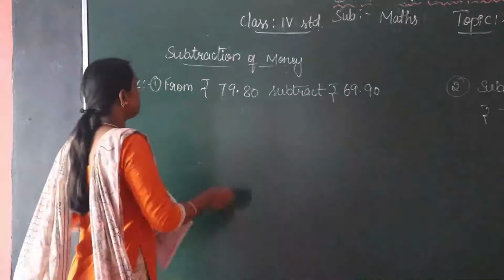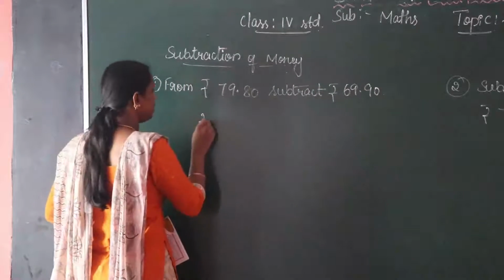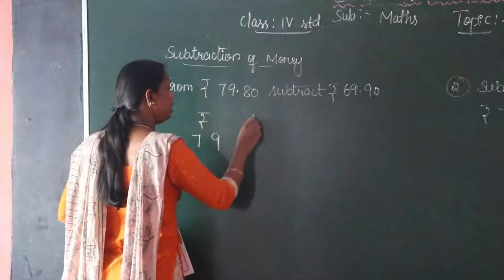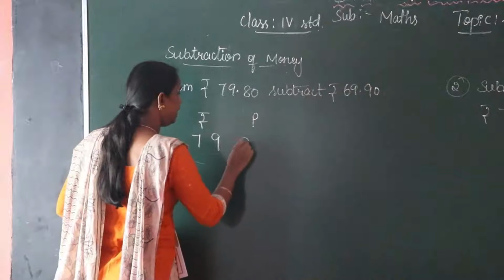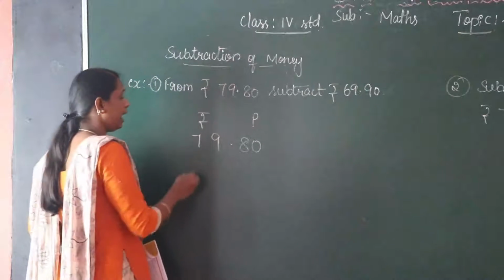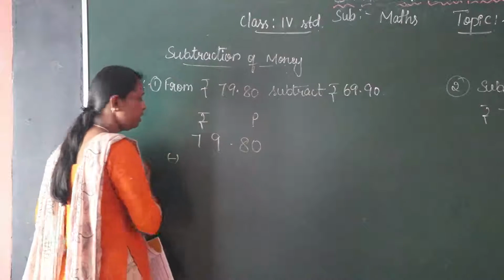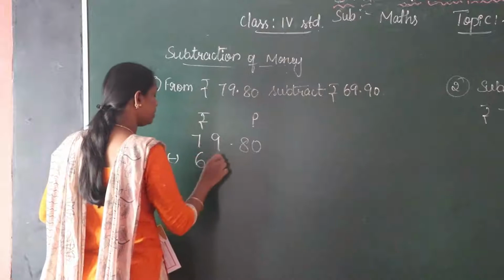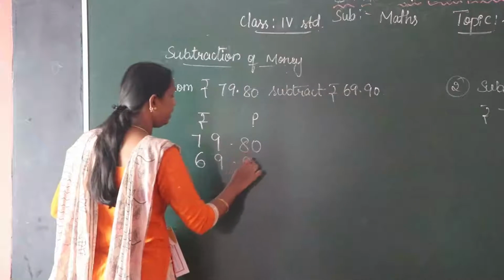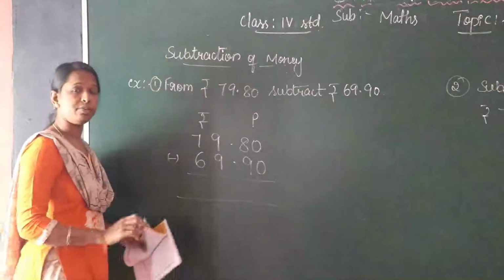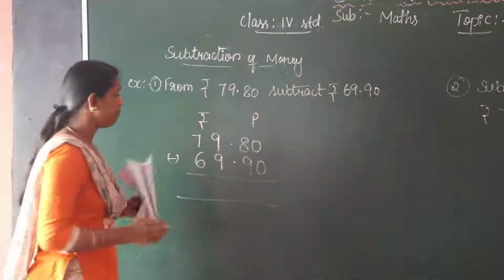Okay children? So write rupees 79.80 paisa, then write the subtraction symbol minus, rupees 69.90 paisa. Write in the correct places, then it avoids the confusion.